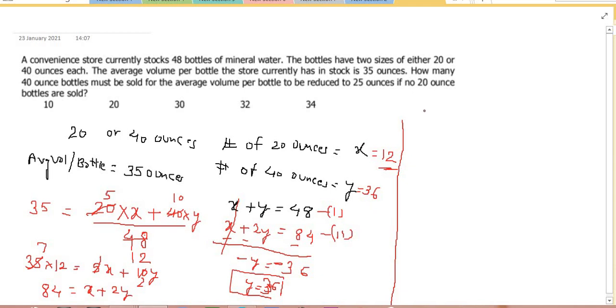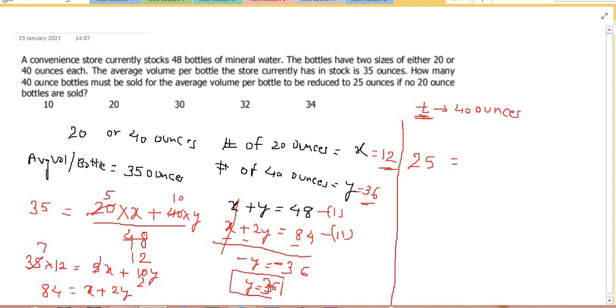So the only bottles that you are selling from is 40 ounces bottle. Okay, so let's say we are selling t 40 ounces bottles. That means we are reducing t bottles from the 36 water bottles. So what happens? The average volume reduces to 25 ounces. Okay, so your average volume 25 is equal to, let's try to formulate. Now how much total water will be left if t 40 ounces water bottles are sold?